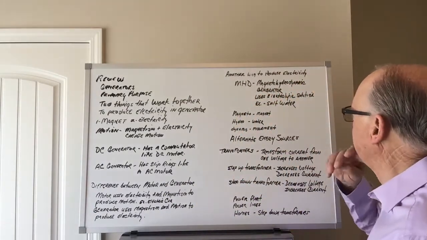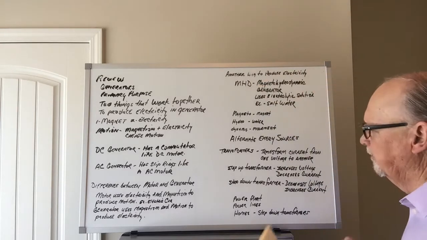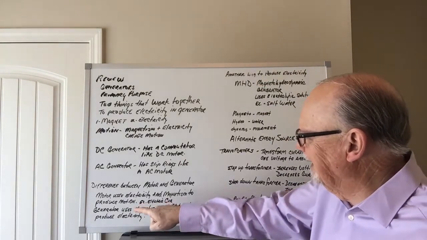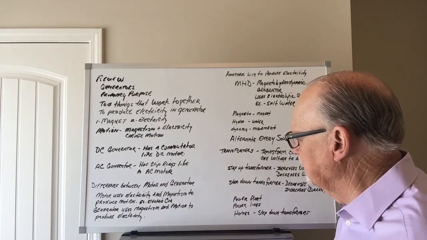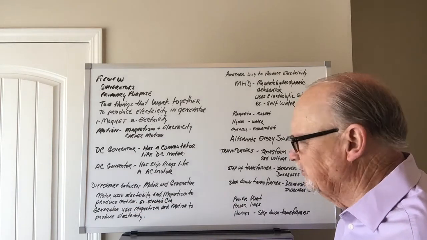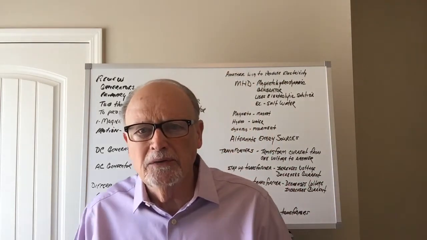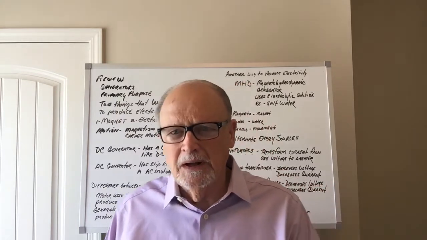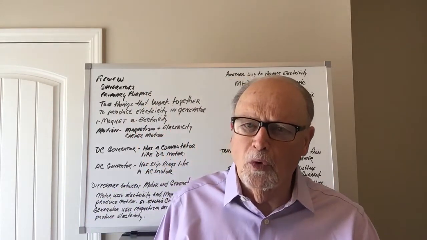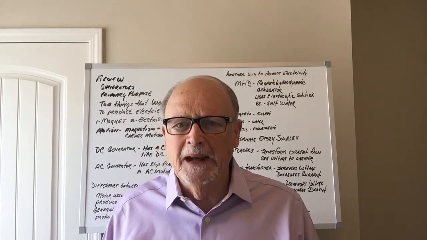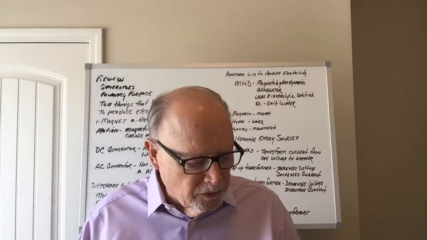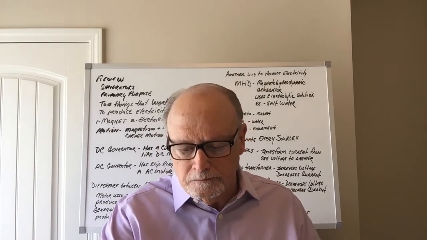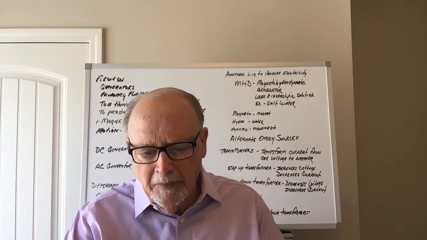Now, another way to produce electricity I've got up here on the board. Let me go back to here just one moment. When we talked about using electricity and magnetism to produce motion, the electric car is a good example of that. In an electric car, you have an electric motor on all four wheels, and that electric motor powers those wheels, causes those wheels to turn and puts them into motion.